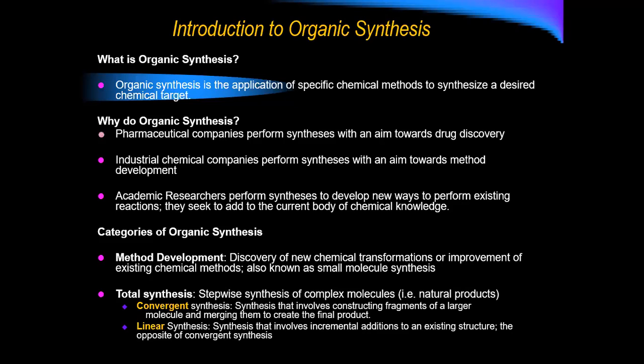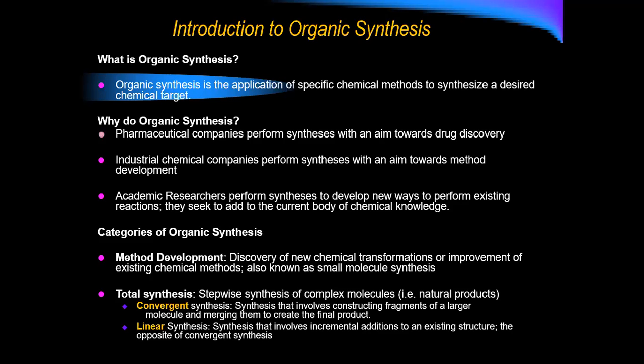As far as synthesis categories, you have method development, which is discovery. You're trying to develop a new method to do a reaction that's already known, that's already out there, and you're just trying to innovate and develop a new way to do it.